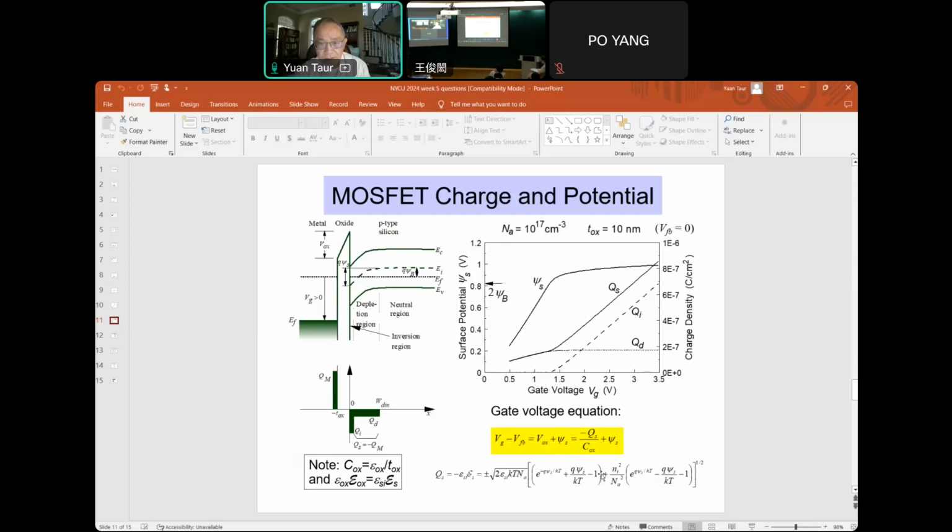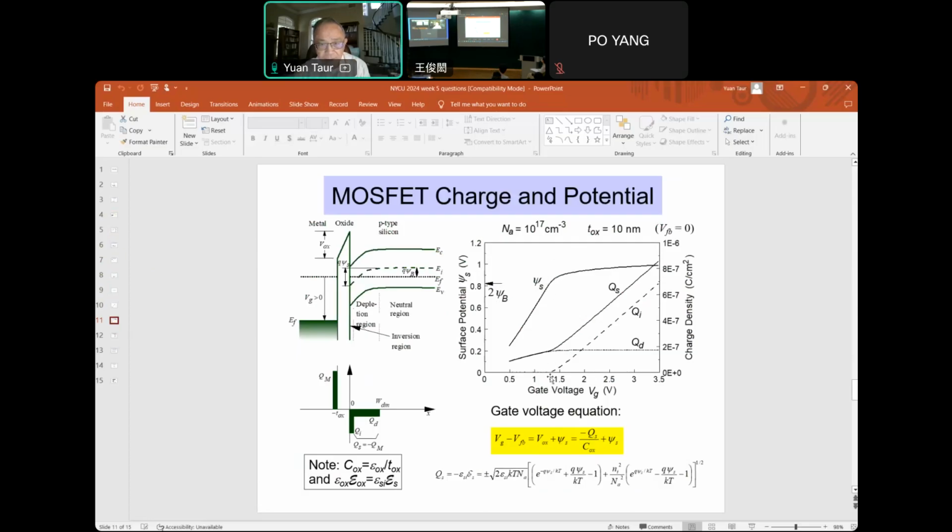But for mathematical simplicity, we take a two psi B approximation. So we say that roughly speaking, when psi s is below two psi B, QI is negligible or small. Above two psi B, it takes off. That's the convention.